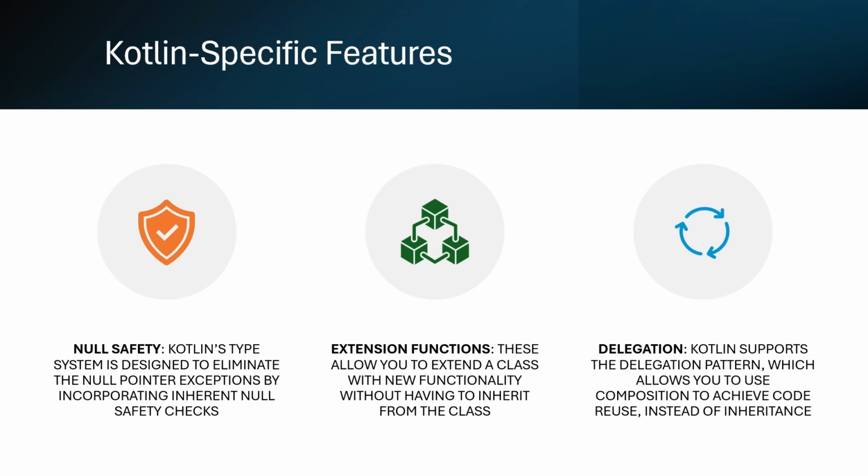So these functions allow you to extend a class with new functionality without having to inherit from the class. The third thing is delegation. So Kotlin supports the delegation pattern, which allows you to use composition to achieve code reuse instead of inheritance.